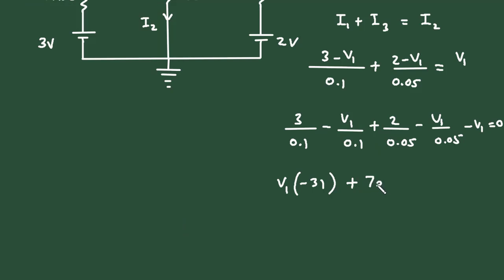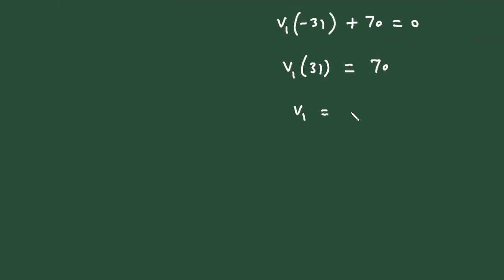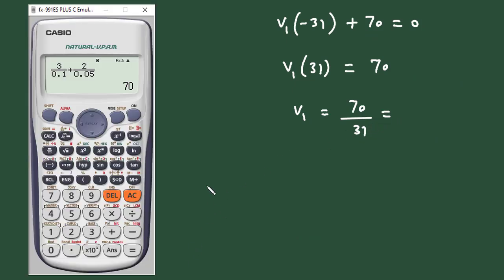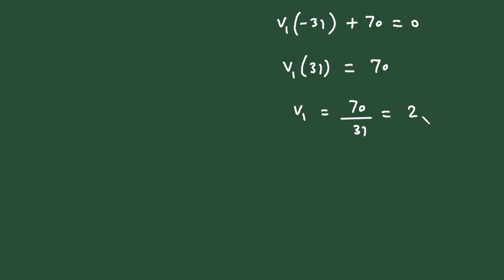So this will be plus 70 is equal to 0. So V1 in bracket 31 is equal to 70. This minus will get cancelled if we take it on the right side. Therefore V1 is equal to 70 divided by 31, and 70 divided by 31 is 2.25.